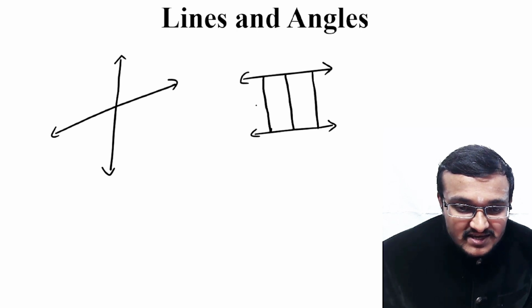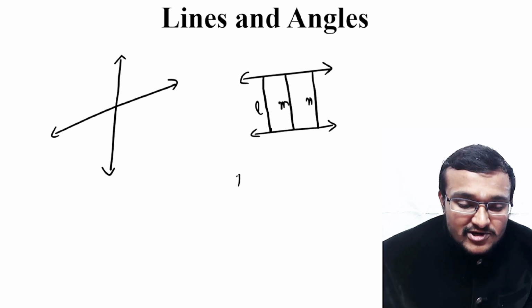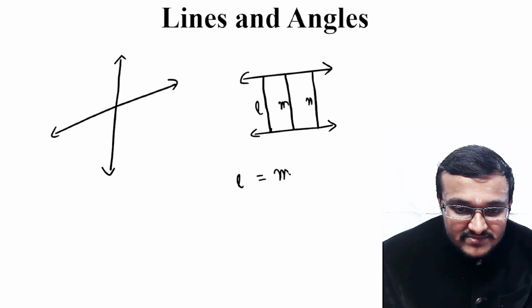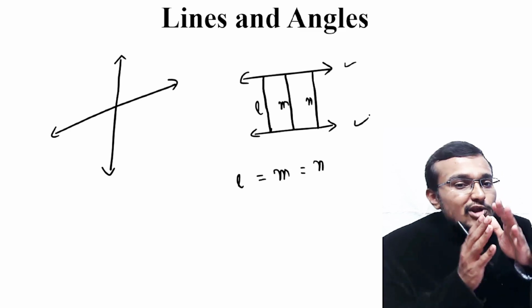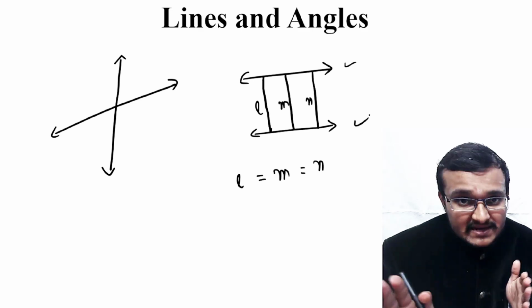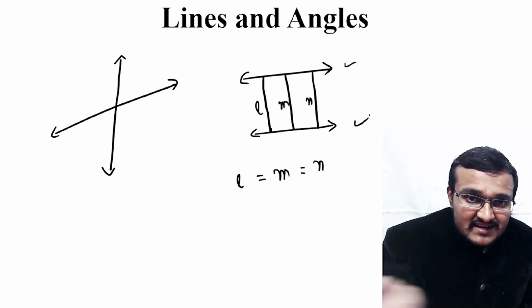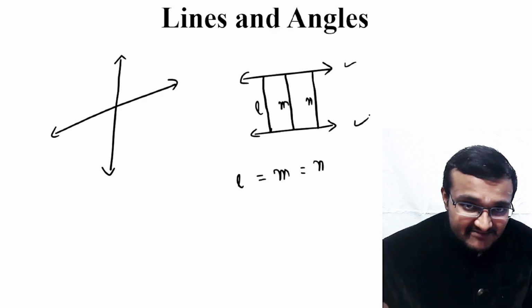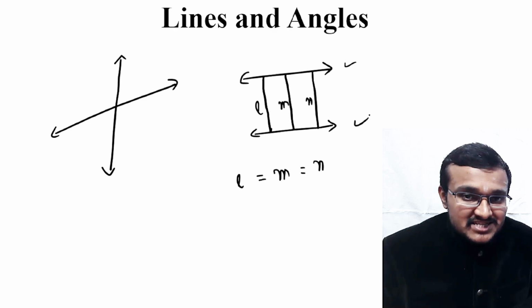If you consider these as L, M, N, and if the length of L, length of M and length of N are all equal, then these two lines will not meet each other at any point in the plane. If these two lines are extended infinitely, still they won't meet anywhere. They maintain a common distance throughout the extension.